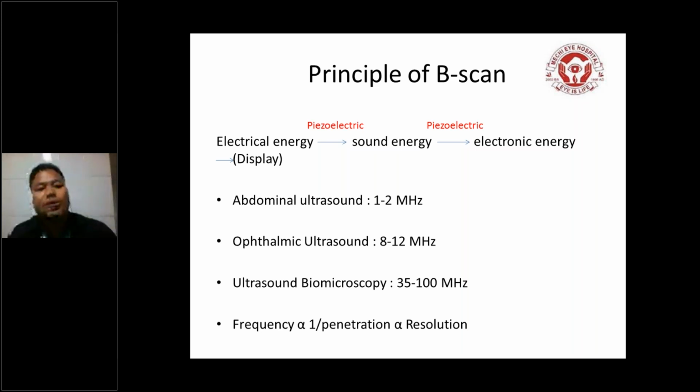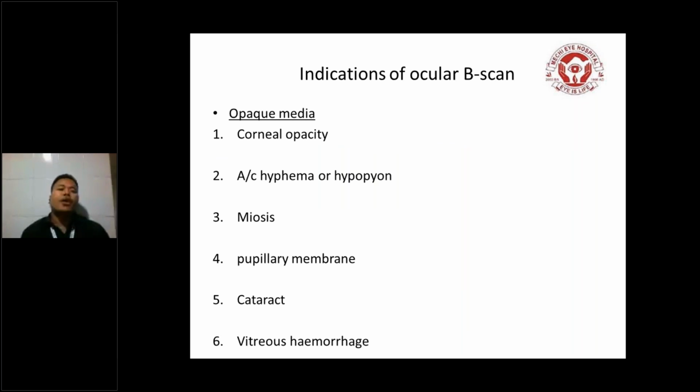Indications of ocular B scan in case of media opacities are corneal opacity, anterior chamber hyphema or hypopyon, miosis, pupillary membrane, cataract, vitreous hemorrhage.